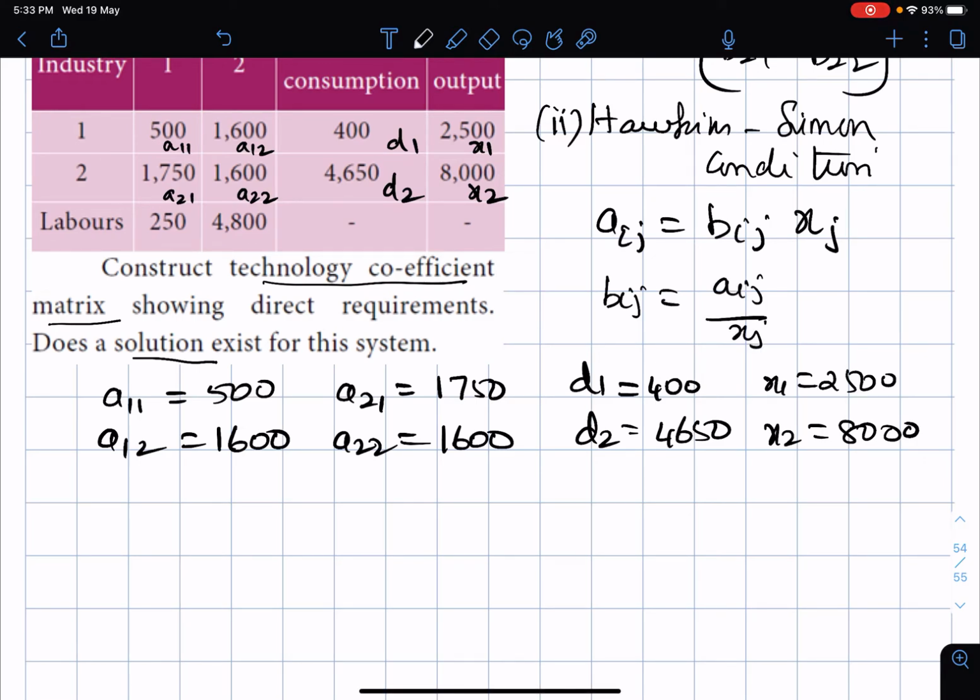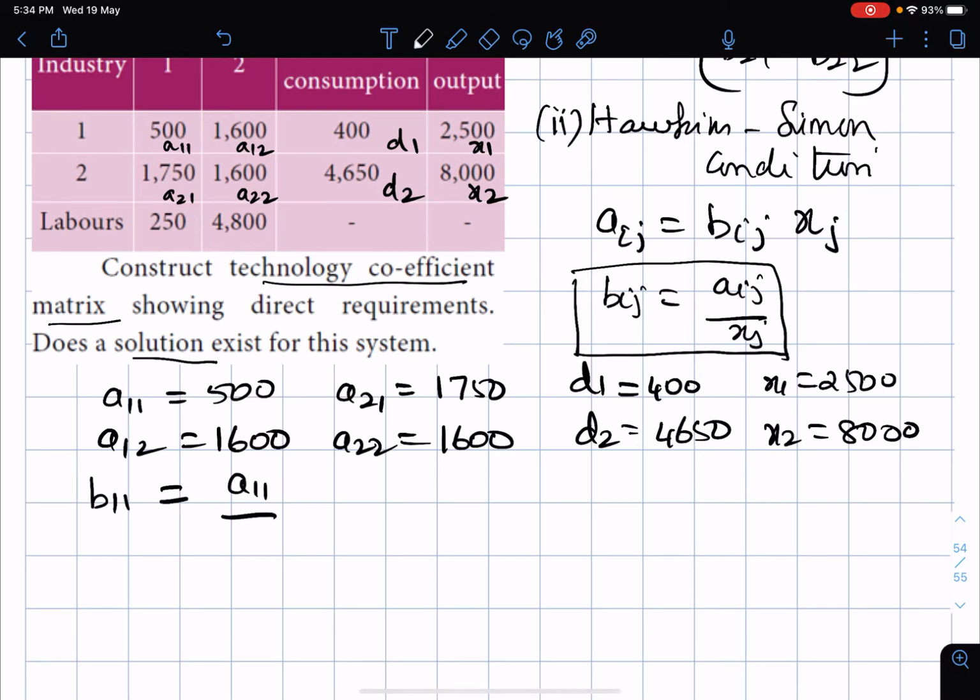First coming to our B11, from this formula only you are going to construct all the four elements of the technological matrix. So B11 is going to be A11 by X1. What is our A11? 500 by X1, which is 2500. So this gives you 1 by 5, that is equal to 0.2.